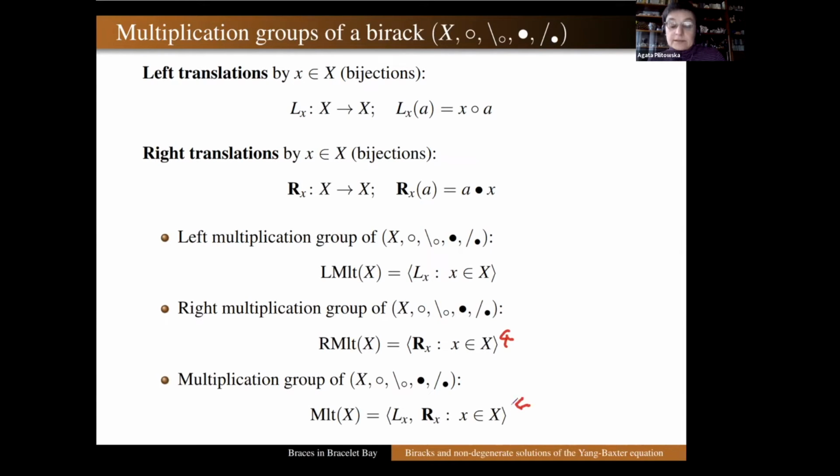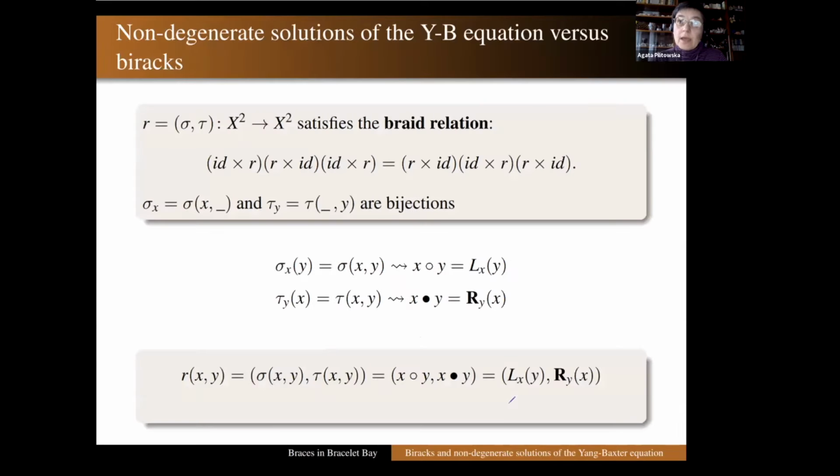How to connect a Birack with a solution? Having a solution, we have a mapping R defined on some set X, and for the sake of simplicity, let's change the notation. Let us denote the mapping sigma by a circle operation and the mapping tau by a bullet operation.